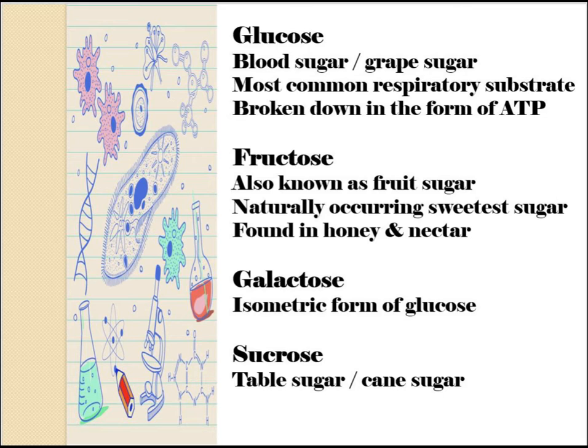These are all the isomers of glucose. Isomerism is nothing but another form of a particular organic compound. Okay, so that is how the galactose is made. So that is why this is another form of glucose. We have to only remember these parts.